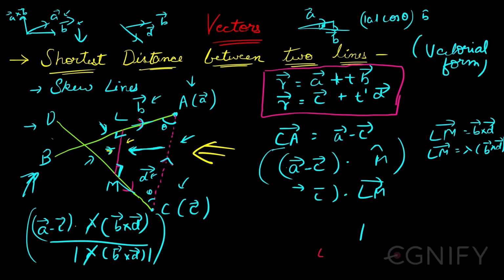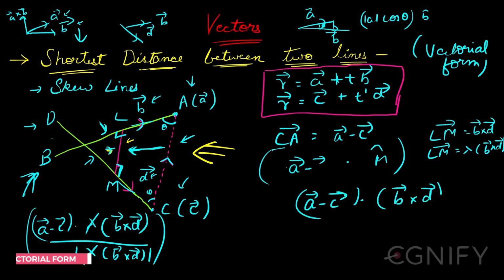Let me just make some space and write the final expression. So your final expression will be A bar minus C bar dot B bar cross D bar divided by mod B cross D.